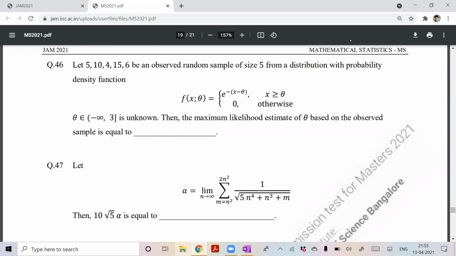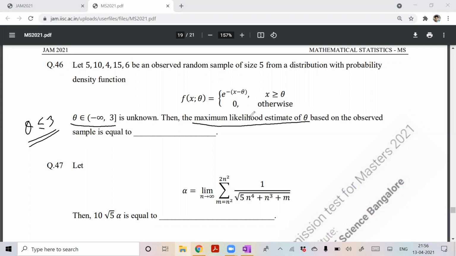So it is a shifted exponential. f(x) is e raised to the power minus (x minus theta) when x is more than or equal to theta. Theta is between minus infinity and 3, meaning theta is less than or equal to 3. Then the maximum likelihood estimate of theta: we have to find the MLE of theta based on the observed sample.